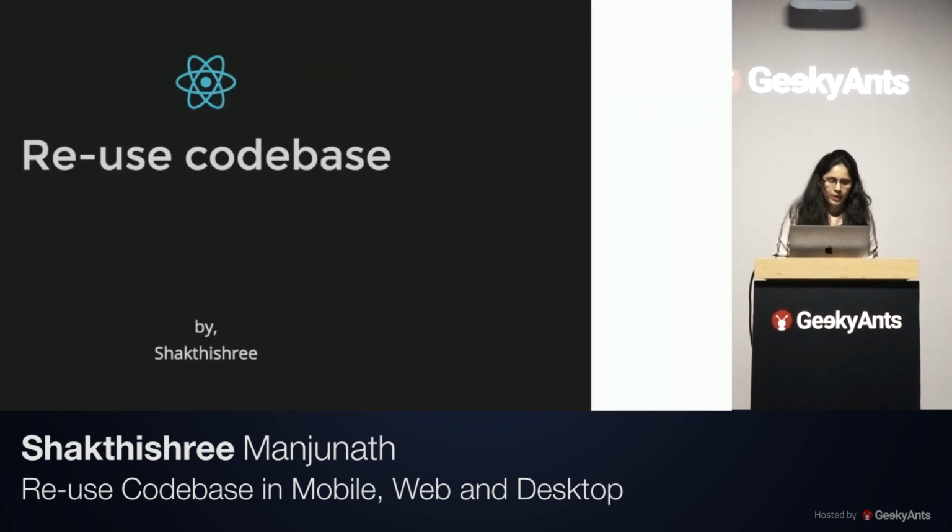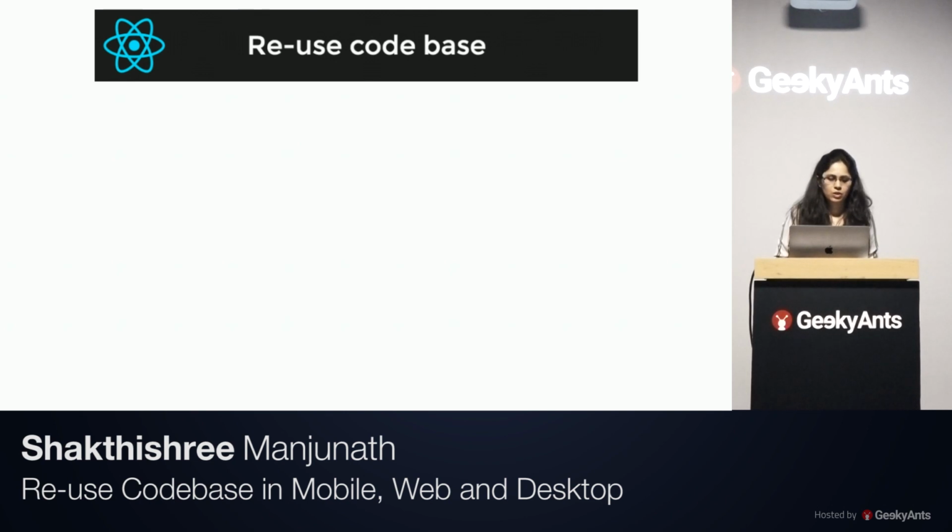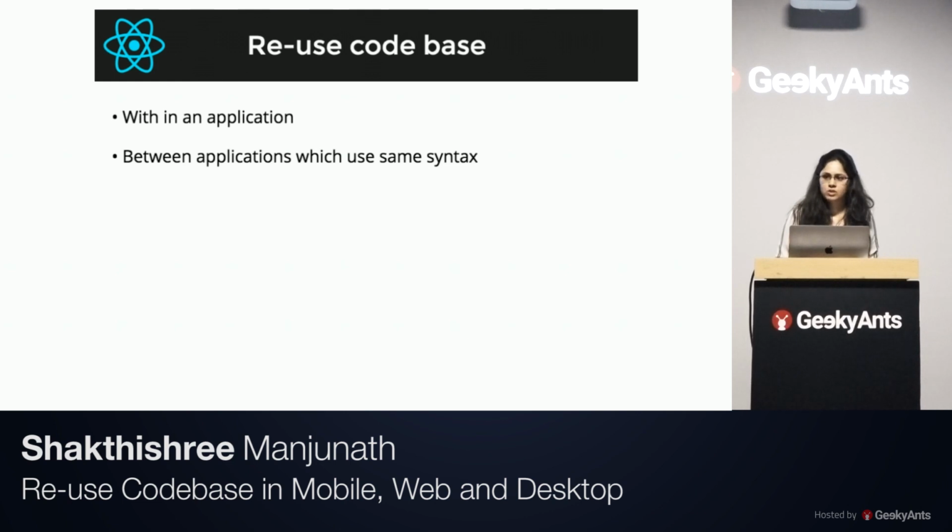So let's see, when I say code base reuse, I can reuse the code base within the application, right? We just saw an example as to how we could do it. And we can reuse the code base between applications which use the same syntax. That is, we can reuse the code base between 2 React Native applications.